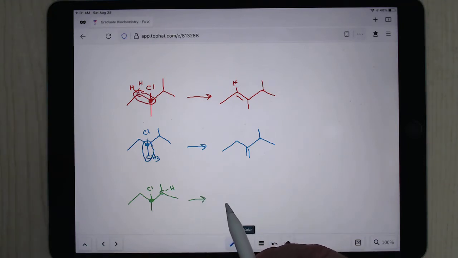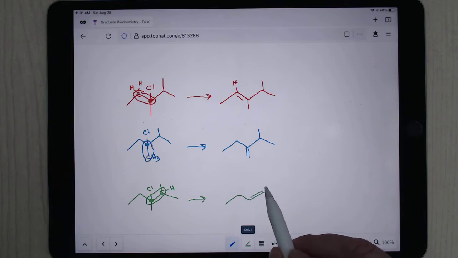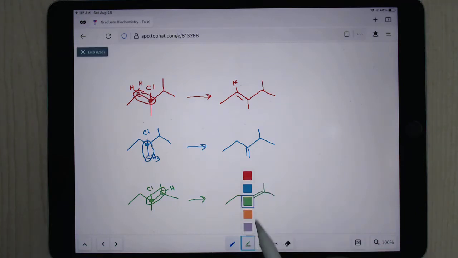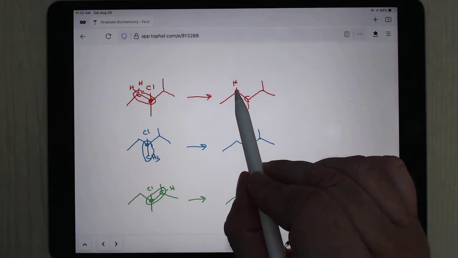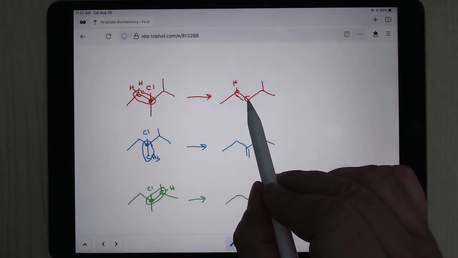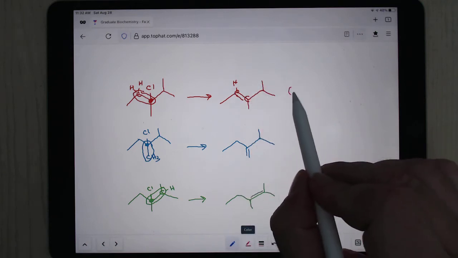And so what we're going to do is make our double bond between here. Okay, so we're going to look at these carbon-carbon bonds right here. So here, this carbon, it's got the one hydrogen. Over here, it's got none because it's got all 4 bonds shown. So this one has 1 hydrogen.